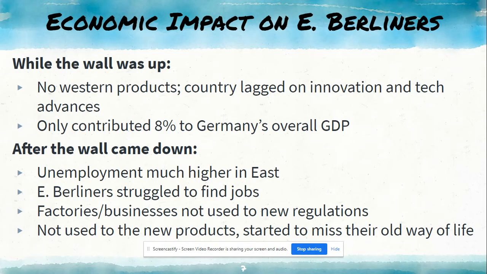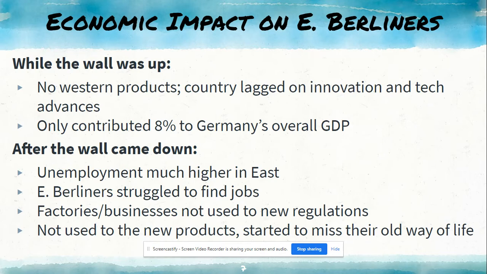Okay, so some of the economic impacts on East Berlin. While the wall was up, there were no Western products that could be sold in East Berlin. This is a lot of the luxury consumer goods, like coffee, or jeans, for example.